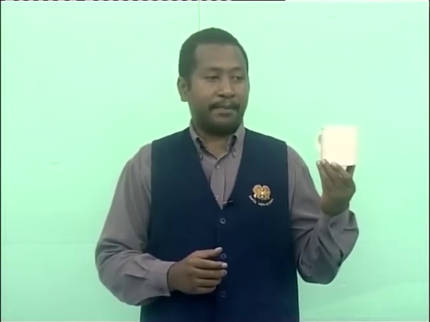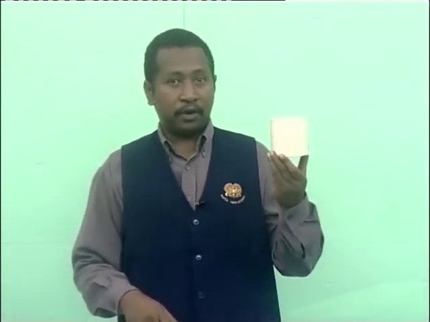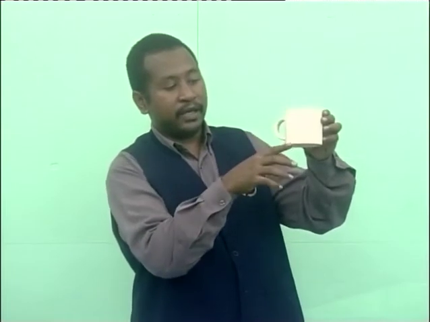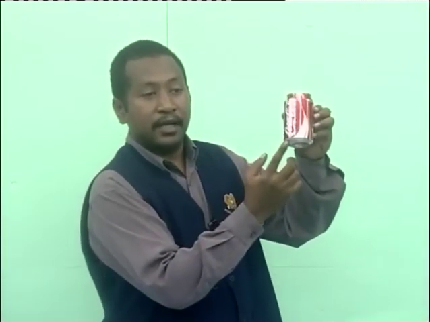I've got a cup. When we are trying to measure the diameter of cylindrical objects, we have to be careful because some cylindrical objects, like this cup, the bottom is straight down and flat inside. But other cylindrical objects like this can here, the bottom part of the can is a bit curved inside.